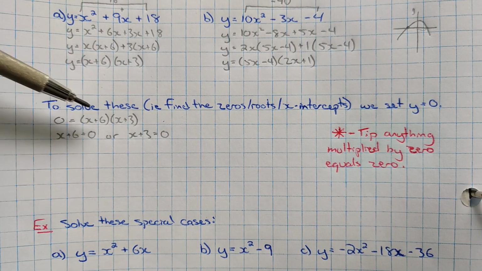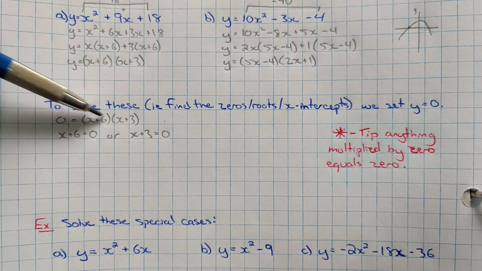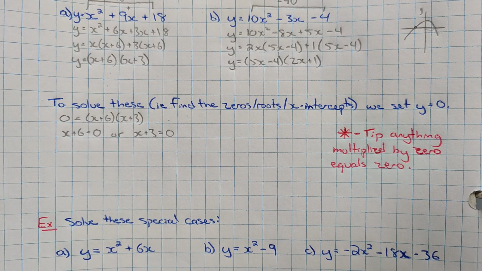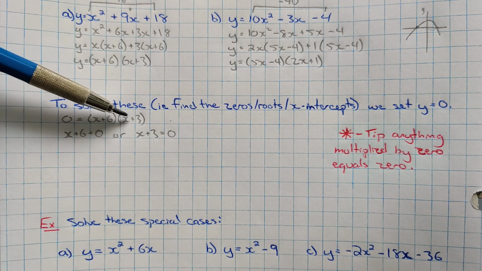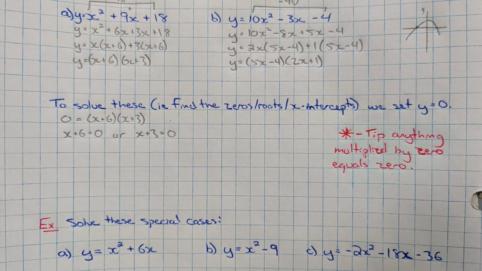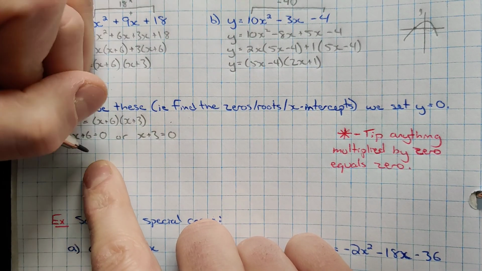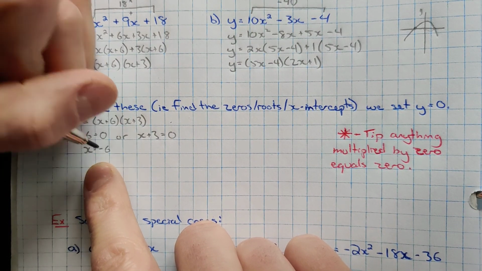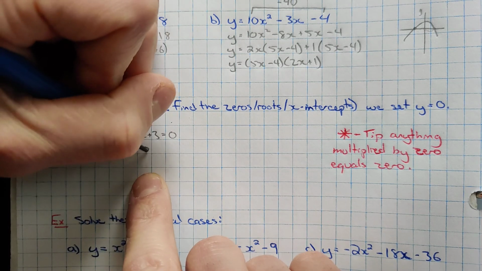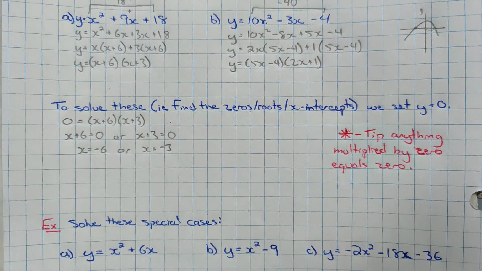If x plus 6 is 0, then it'll be 0 times whatever, and the whole thing is 0. Or if x plus 3 is 0, then the whole thing is 0 as well. So it's one of these two things. So there's two solutions here. And in this case, we get x equals negative 6, or moving the 3 over to the other side, x equals negative 3.